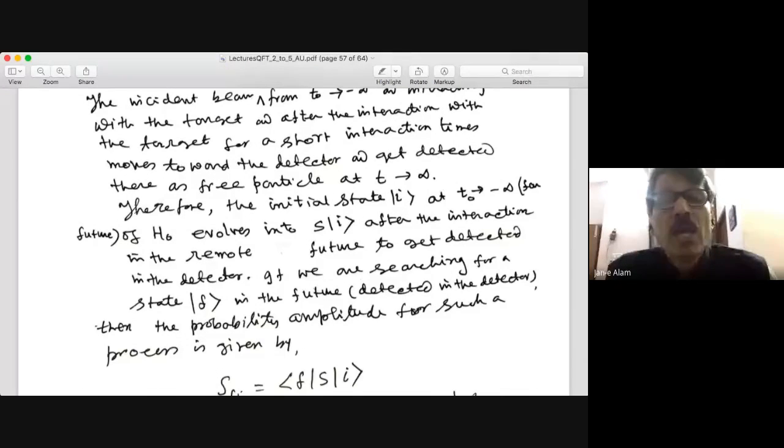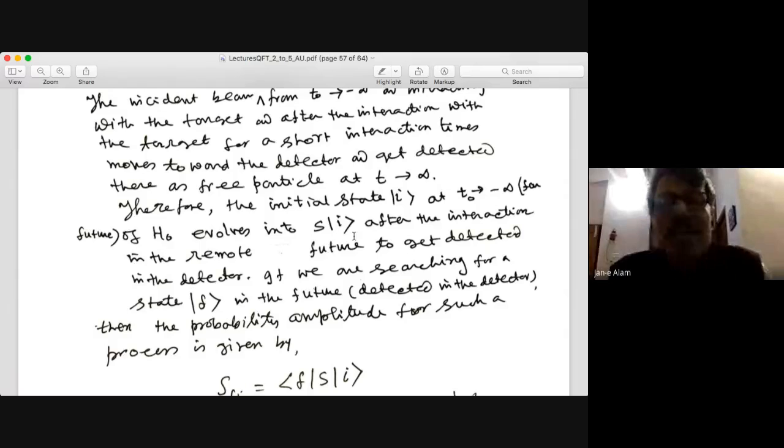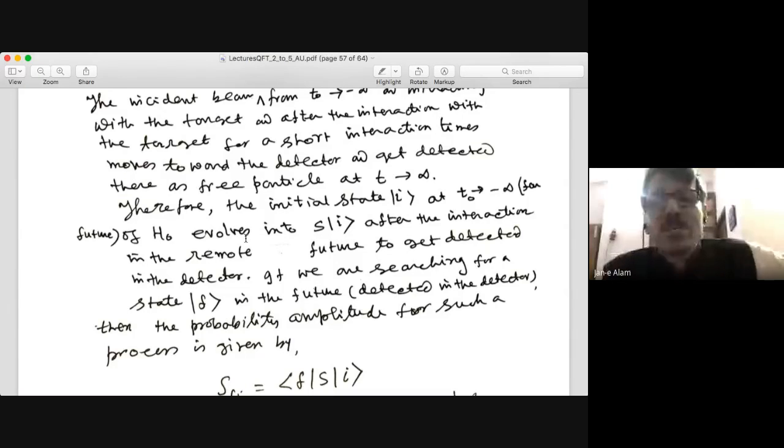Therefore, you have an initial state |i> at t_0 tends to minus infinity. Please note that at t_0 equal to minus infinity, the state which you have is an eigenstate of H_0, because the particle was a free particle, so it must be an eigenstate of the free Hamiltonian. So this |i> is the eigenstate of the free Hamiltonian, because it was in the remote past.